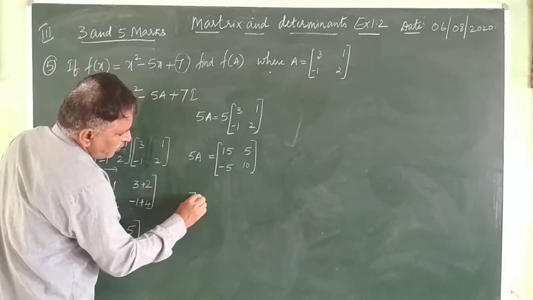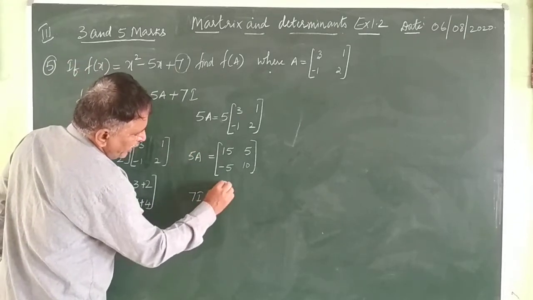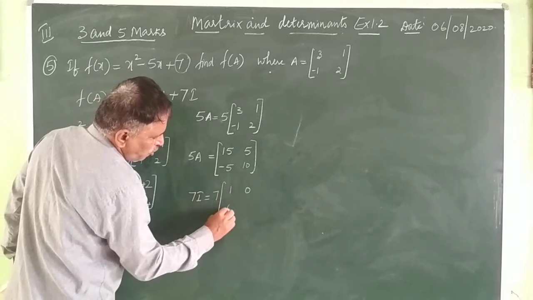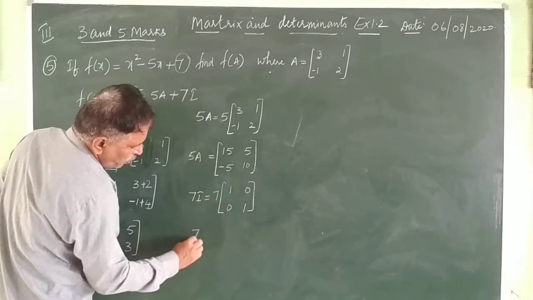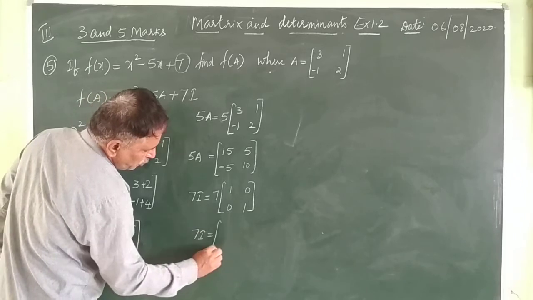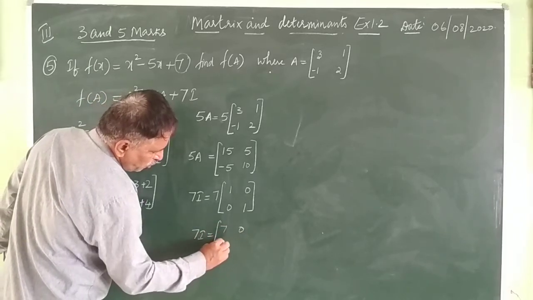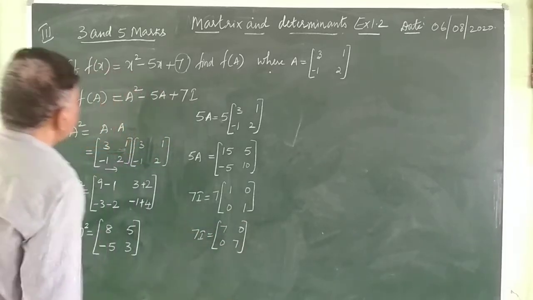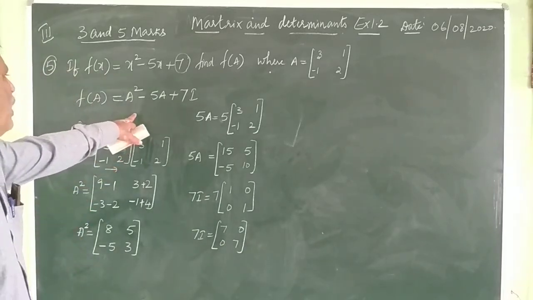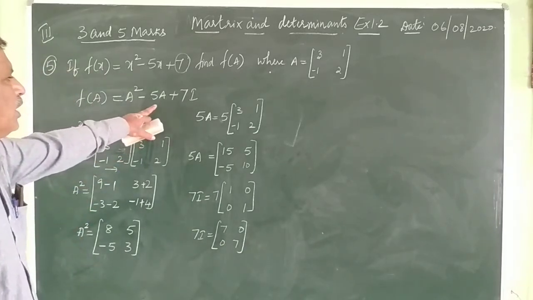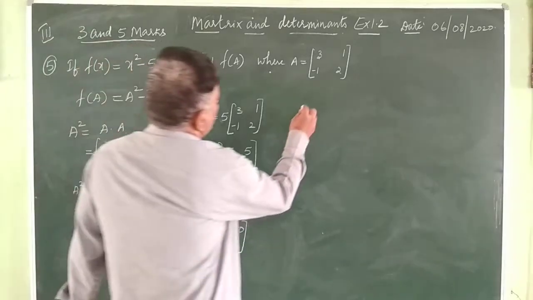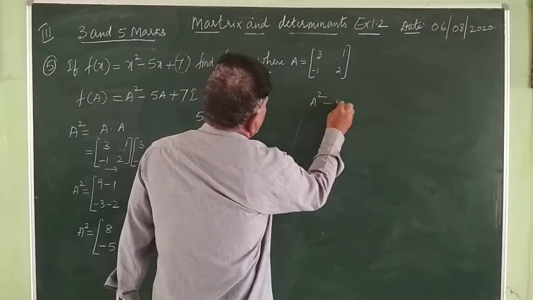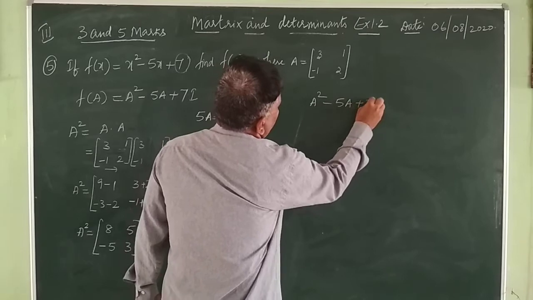Then 7I, that is 7 into the identity matrix 1, 0, 0, 1. So therefore 7I is equal to 7, 0, 0, 7. Now we have to find the value of A squared minus 5A plus 7I.